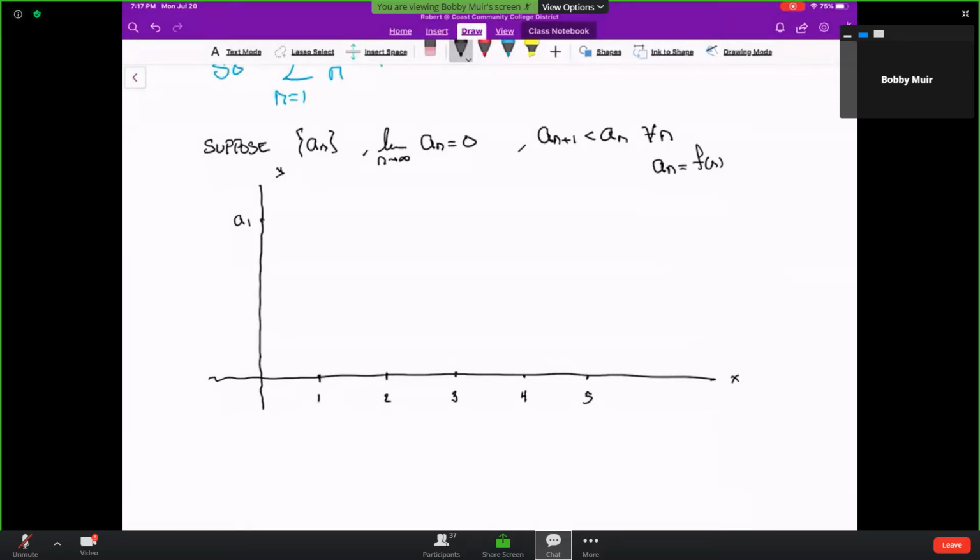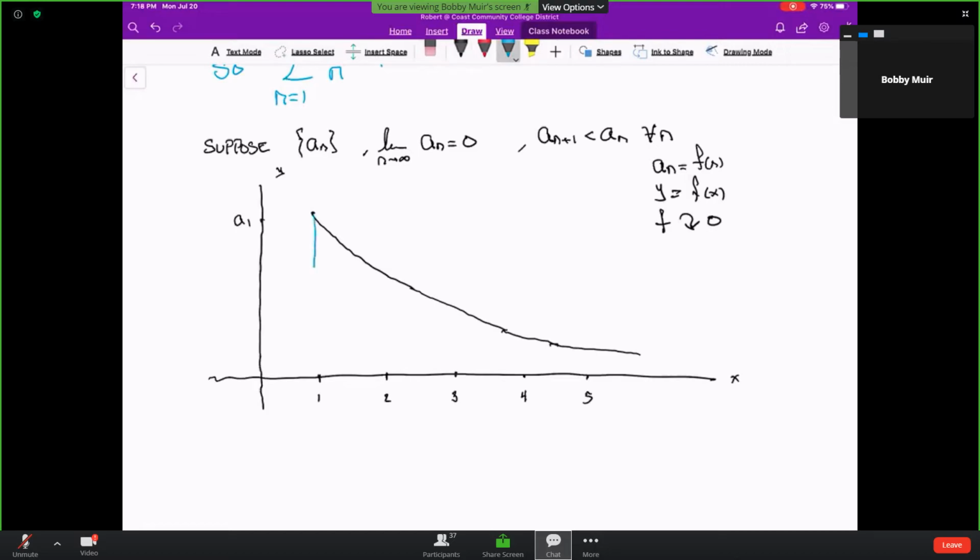If we were to graph y equals f of x, where f is decreasing to 0, we are going to get some picture that looks like this, going down, down, diving to 0.